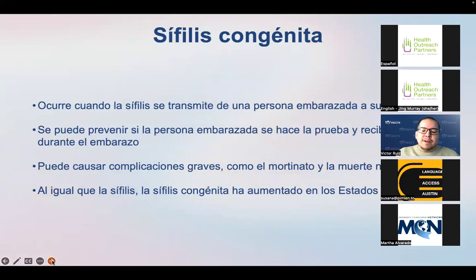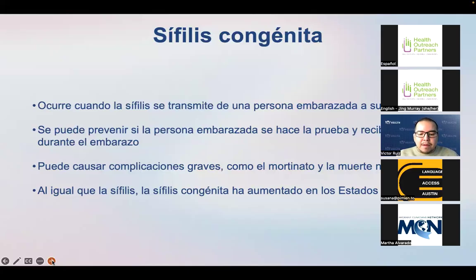Congenital syphilis occurs when untreated syphilis, or a person who gets reinfected with syphilis from an untreated partner during the pregnancy, can cause serious complications such as miscarriage, stillbirth, or even death. Babies born untreated may be stillborn or may even die from the infection as a newborn.